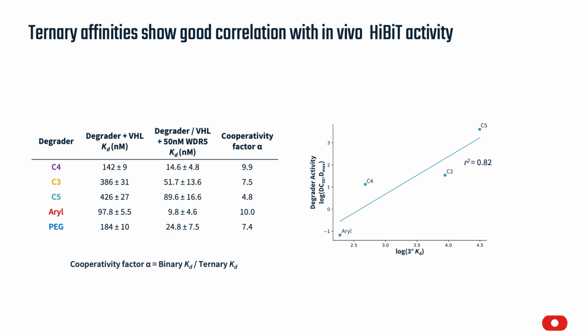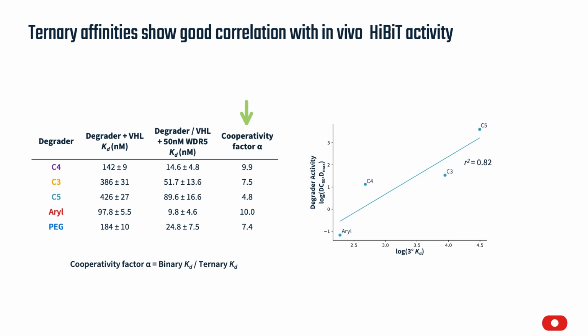In this table on the left, I present some of the important quantities that were derived from those biophysical assays. You can see in the first column, we have measured KDs for the degrader VHL binary interaction, followed by the KDs for the same interaction when WDR5 was present, forming that ternary complex.